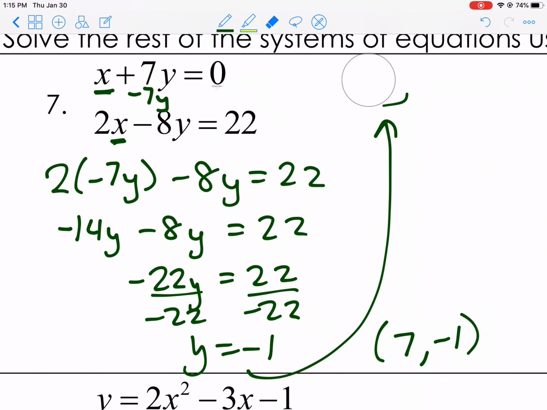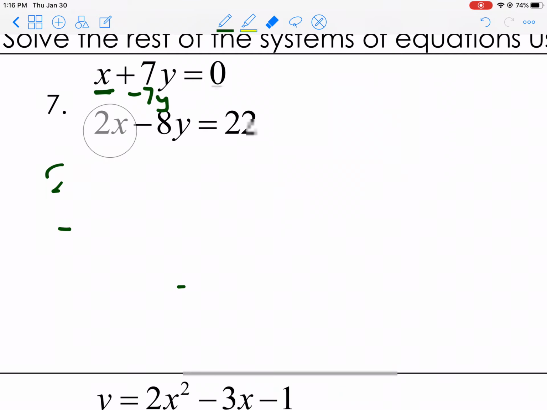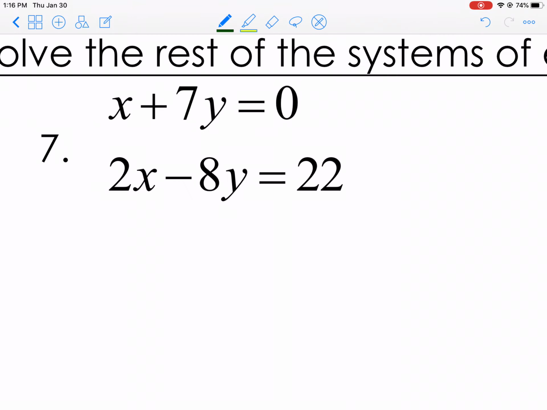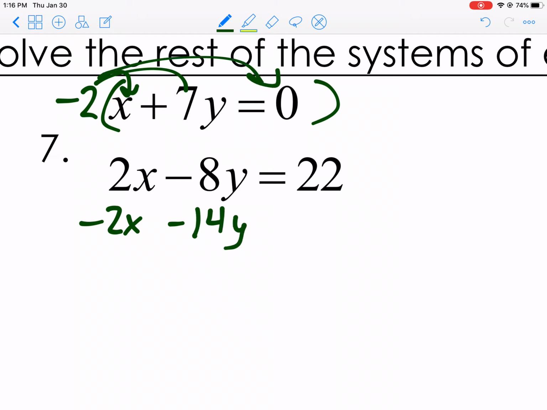Okay, I'm going to try it again, this time using elimination. If I were doing elimination, I'd work on either getting rid of the x's or the y's. I think x would be easier, so I'm going to multiply the top equation by -2. That way, -2x plus 2x would be 0. So I will do -2x minus 14y equals 0.